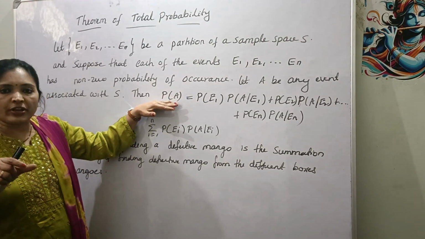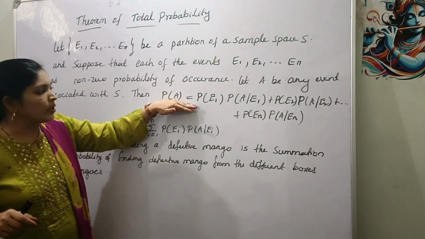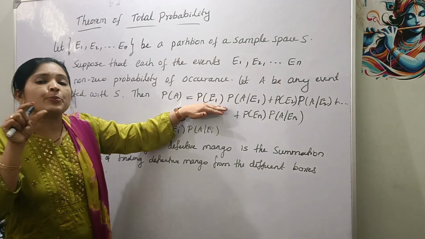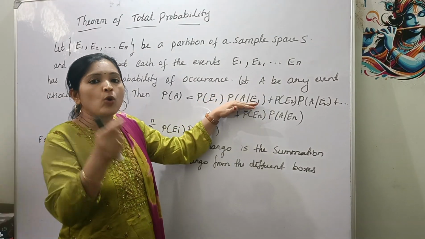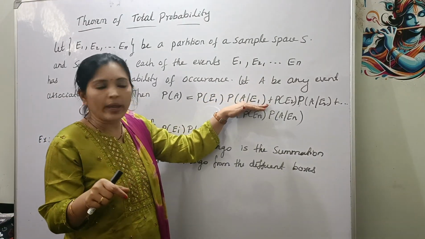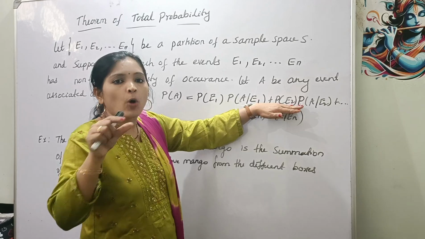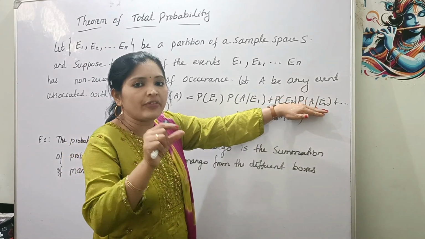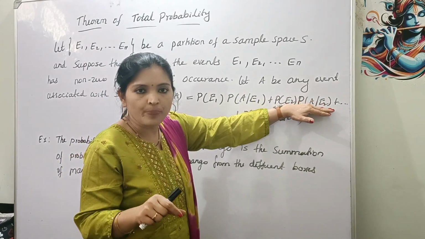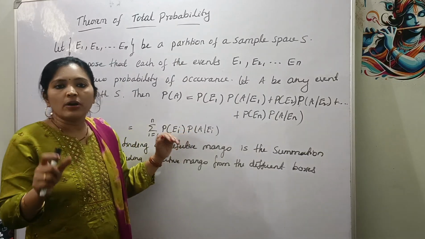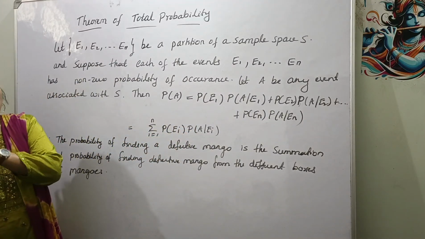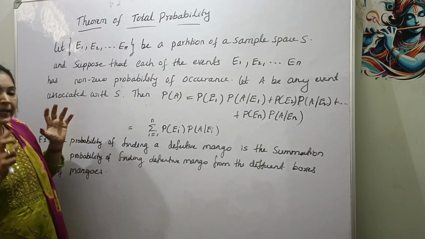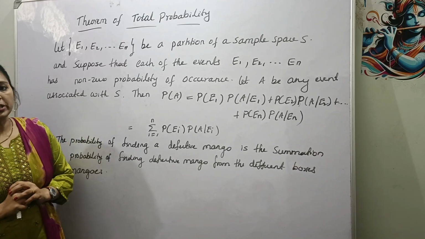So probability of A is equal to probability of E1, that is probability of box 1, into probability of defective mangoes given box 1, plus probability of box 2 into probability of defective mangoes given box 2, plus probability of box 3 into probability of defective mangoes given box 3. So it is the total probability theorem.